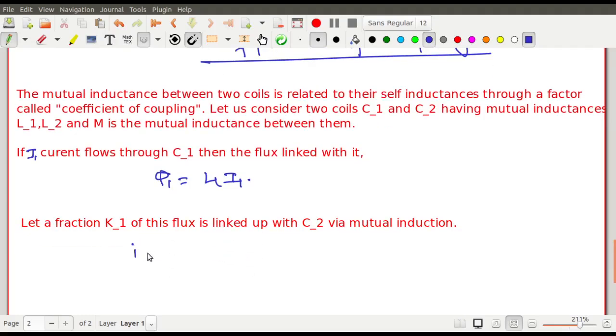That means, can I write that the flux phi 2 is K1 phi 1, or I may write it K1 L1 I1. This is suppose equation 1.